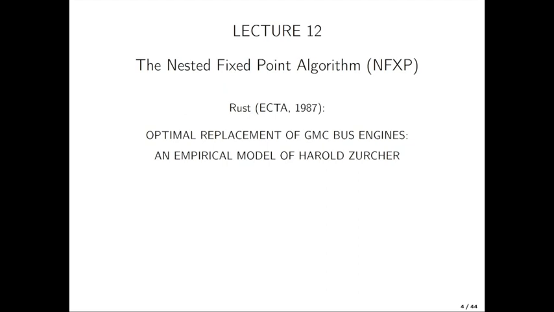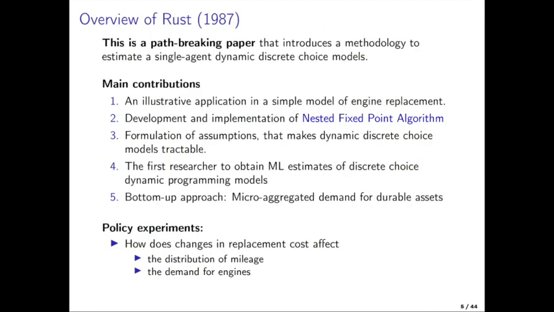we'll look at that. Now just to give a little bit of the overview of Rust 1987. This is really a path-breaking paper. It's the paper that introduces the new methodology to estimate single-agent dynamic discrete choice models. Here it's with maximum likelihood, but the approach is actually quite general. You can use it within other estimation frameworks such as GMM or nonlinear least squares or quantile regressions, whatnot.